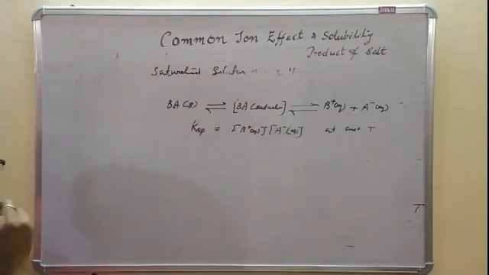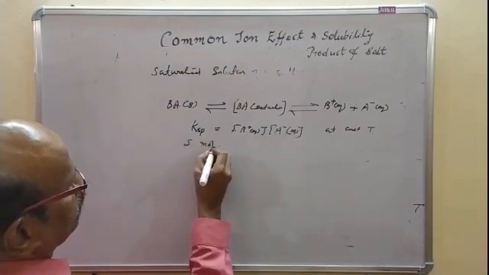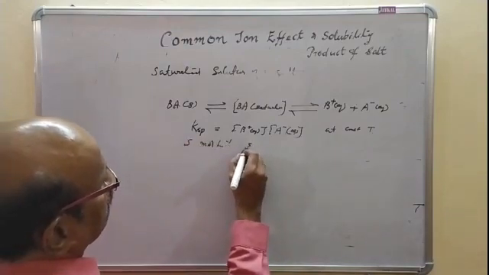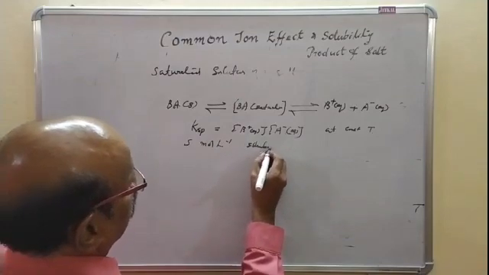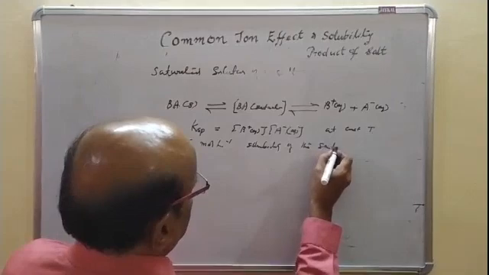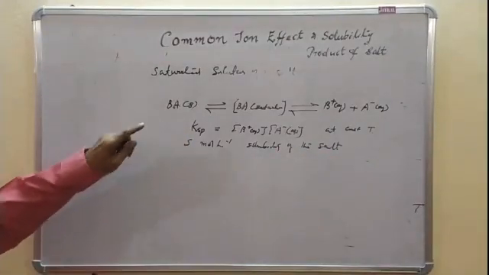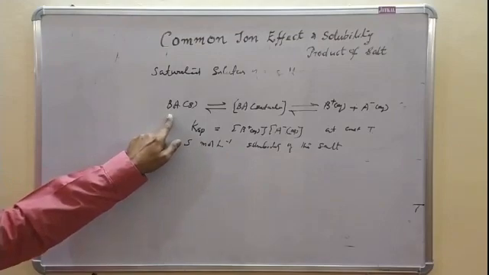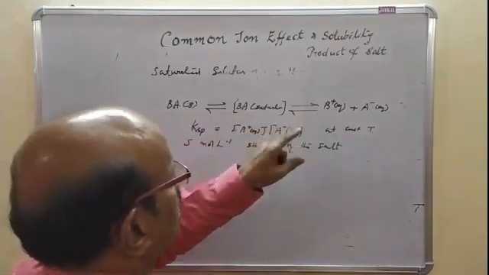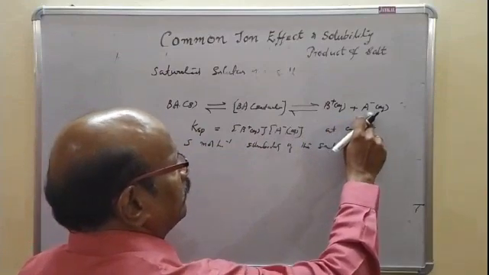Suppose S is the solubility of the salt, S moles per liter. Then we have the equation: 1 mole of BA solid on dissolution gives 1 mole of B plus ion and 1 mole of A minus ion.